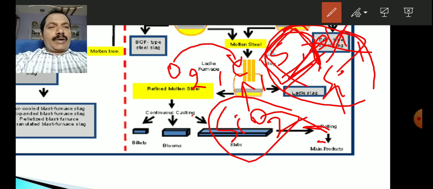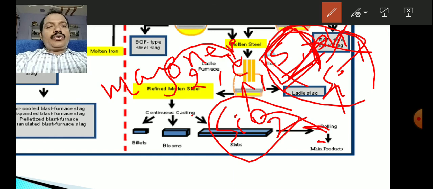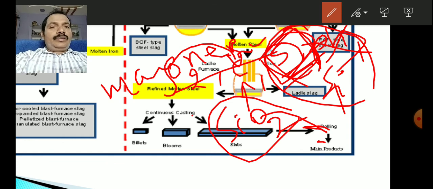This is possible with the help of magnesium. If magnesium is supplied, it will react with the sulfur and be eliminated in the form of magnesium sulfide. So finally, we will get the required grade steel.